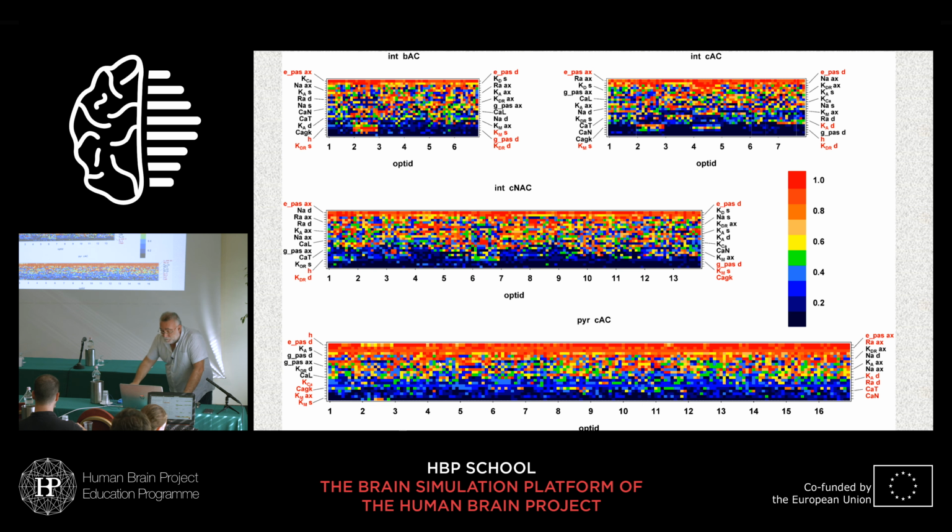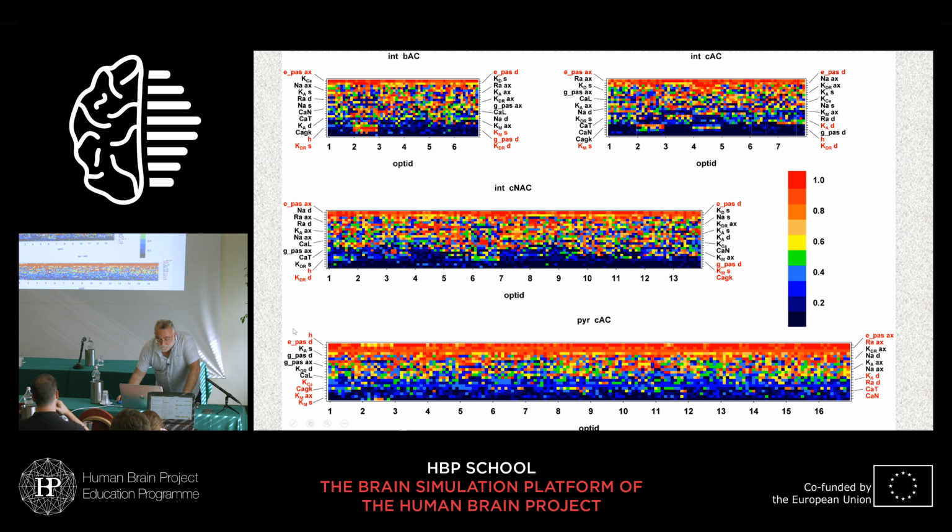So, for example, if you look at a single optimization, all these colors here mean that the Km in the soma has a low value, the Km in the axon has a low value, the EPAS, which is basically the reversal potential of the resting potential of the leak current, has a high value, the H current has a high value, and all the others are mixed.